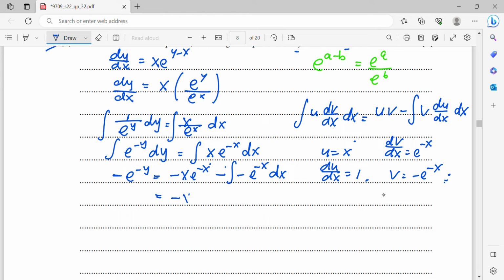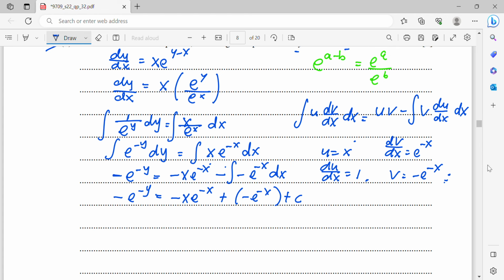So I will get negative x e^(-x). Minus minus is a plus. When you integrate e^(-x), it becomes negative e^(-x), then plus c. Left hand side remains.